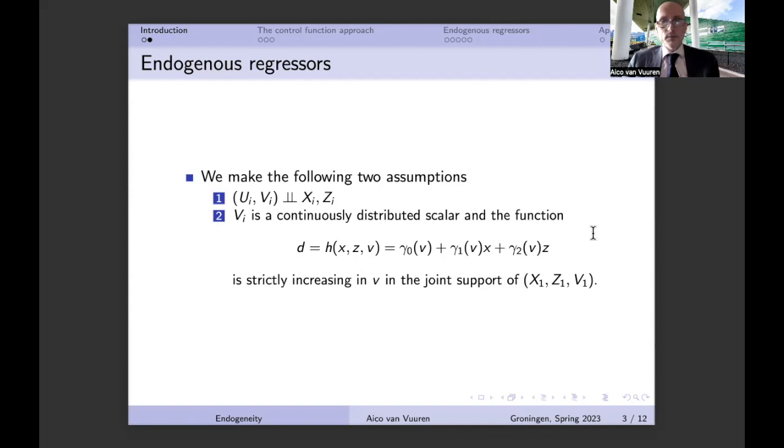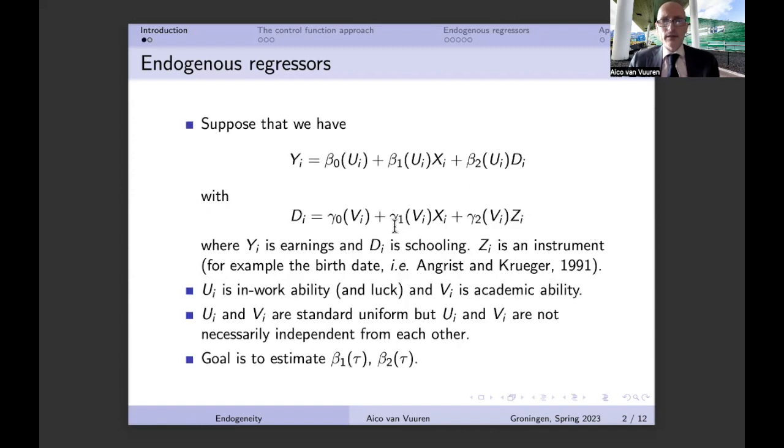These are the two assumptions that I'm going to make. That implies that when somebody, for example, becomes smarter, has more intelligence, then d should increase, so schooling should increase.